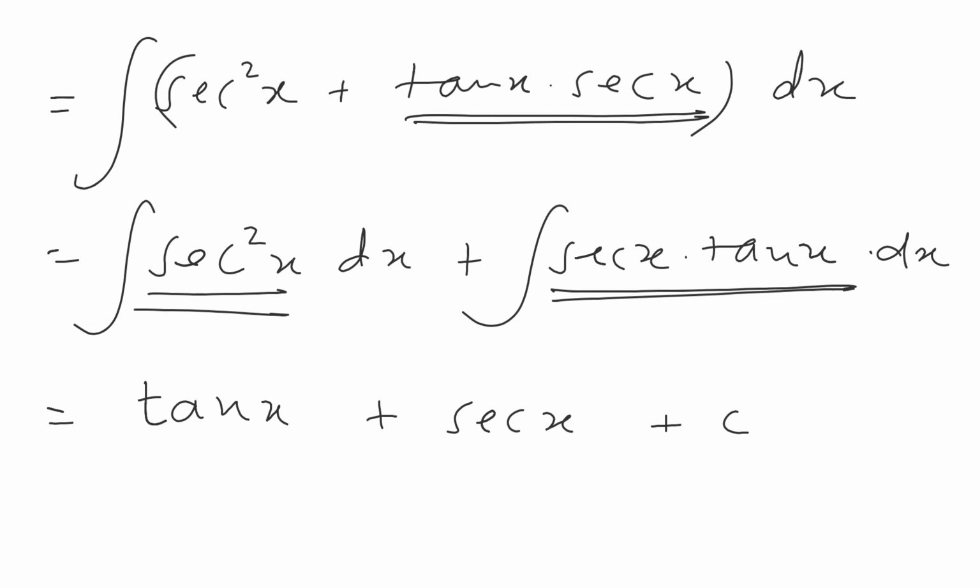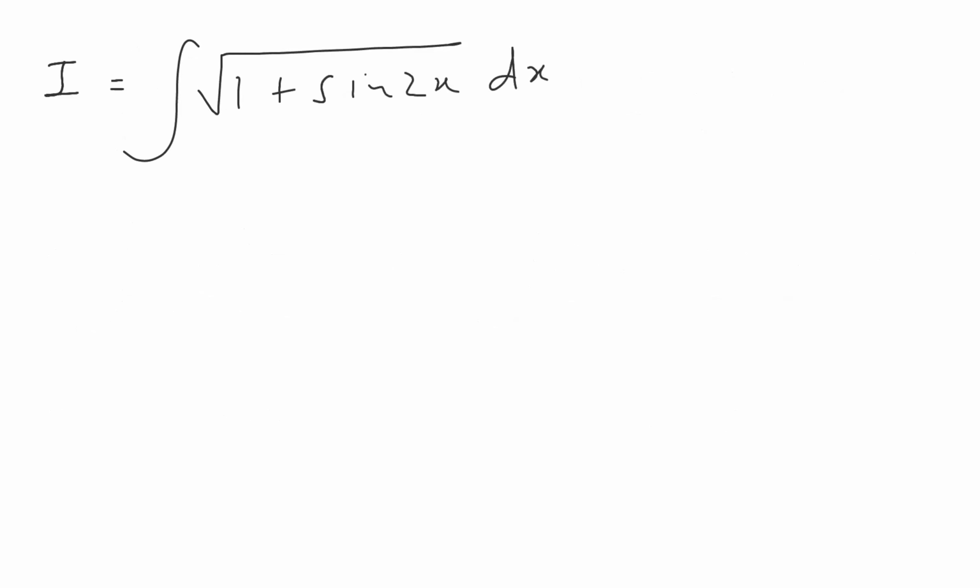So the next problem, let's take 1 plus sin in some other manner. Root of 1 plus sin 2x. Now this is a root and this is not a denominator. So no need of taking conjugates.